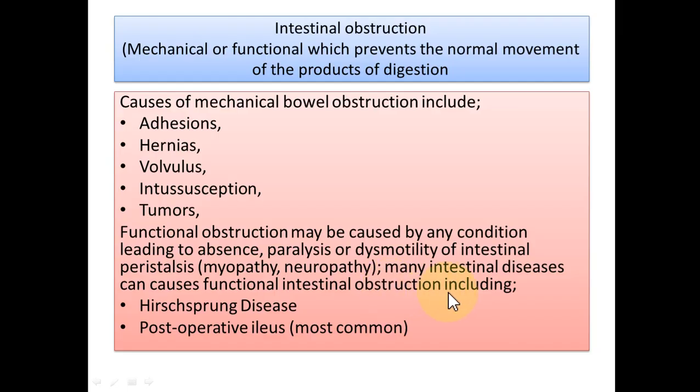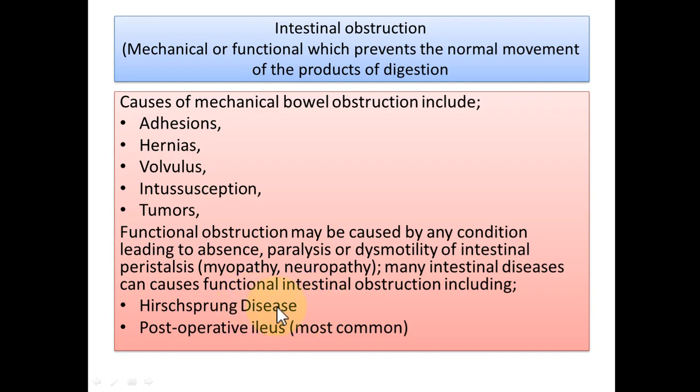So many intestinal diseases or other diseases other than intestinal may cause damage to the muscles and nerves, and may cause functional intestinal obstruction. The two most common conditions of functional intestinal obstruction include the Hirschsprung disease, which is a disease of the newborn, in which the Myenteric plexus and the Meissner plexus do not develop properly, and a portion of the intestine, particularly the sigmoid colon and the rectum, is deprived of the Meissner plexus and Myenteric plexus.